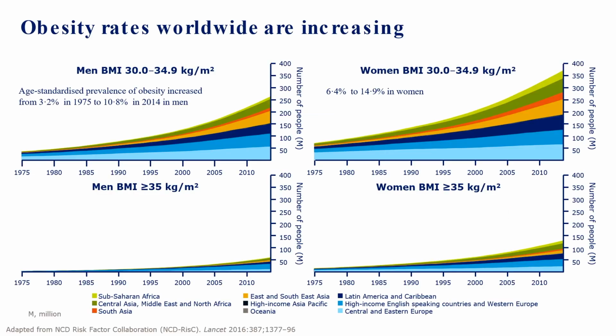And what it actually showed was, as you can see here in the top left, that men with a body mass index of 30 to 35, as time progressed, there's a marked increase in the amount of obesity. And if one looks specifically here in the dark green, which is the Middle East, you can see that the Middle East follows the same trend as all the other countries that were sampled in the increase of obesity.